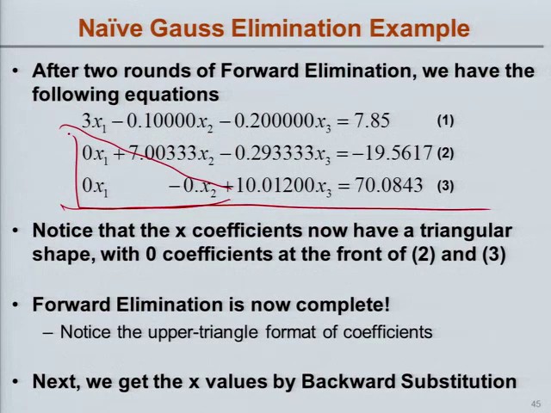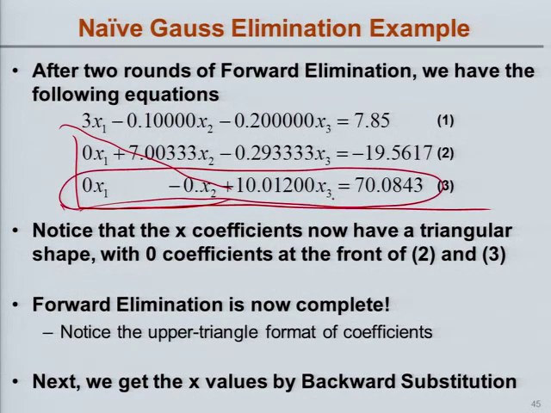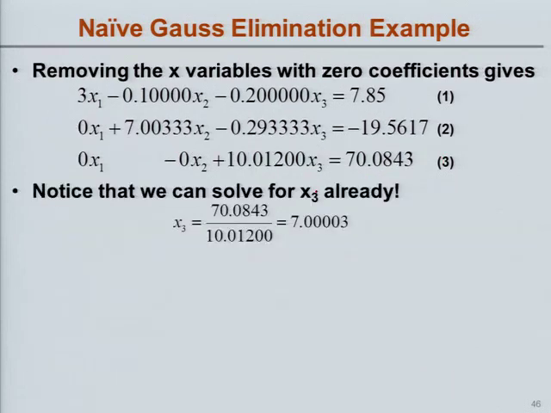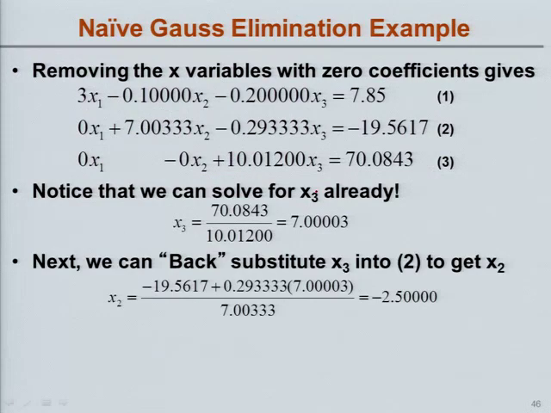Okay, we can now start back substituting, because if you look at this last equation, it's just 10.012x3 is equal to 70.0843. So we can calculate x3 just directly. Okay, 7.0003. Once we know x3, we can go up to here, substitute x3 in here.